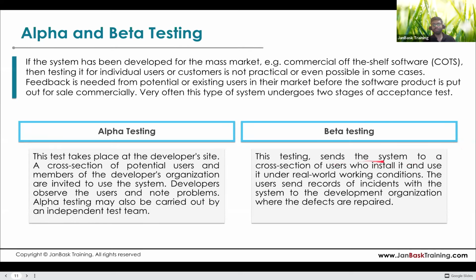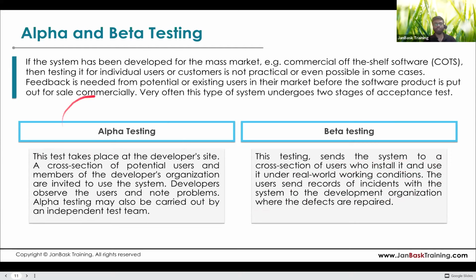So this testing sends a system to a cross section of users who install it and use it under real world working conditions. The users send records of incidents with the system to the development organization where the defects are repaired. Alpha testing is done by a section of the customer and some of the team members from the development team as well.